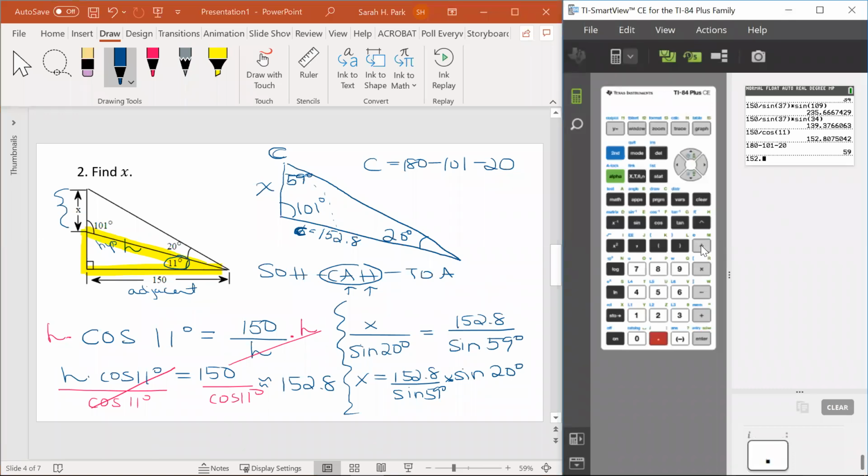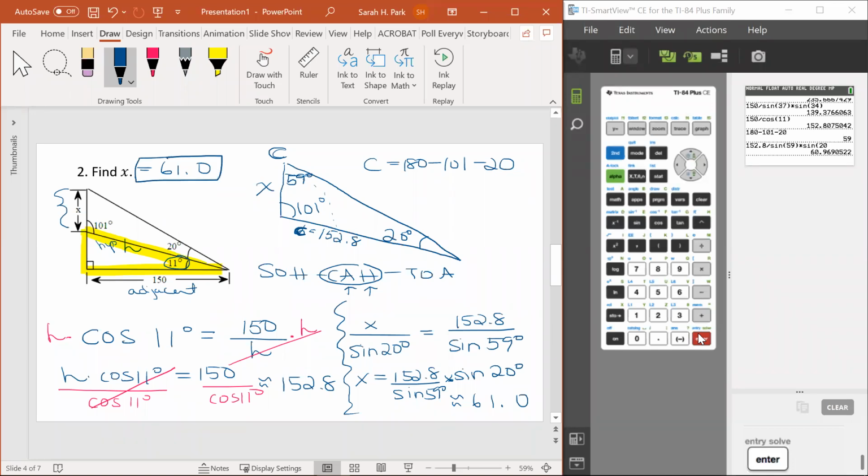Type it into the calculator, sine of 59 times sine of 20. Let's round to the nearest tenths place. So X is around 61.0. We don't have any units, but 61.0 units long.